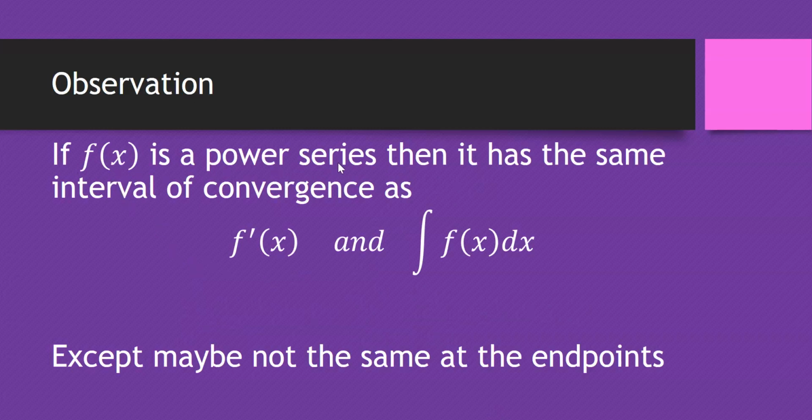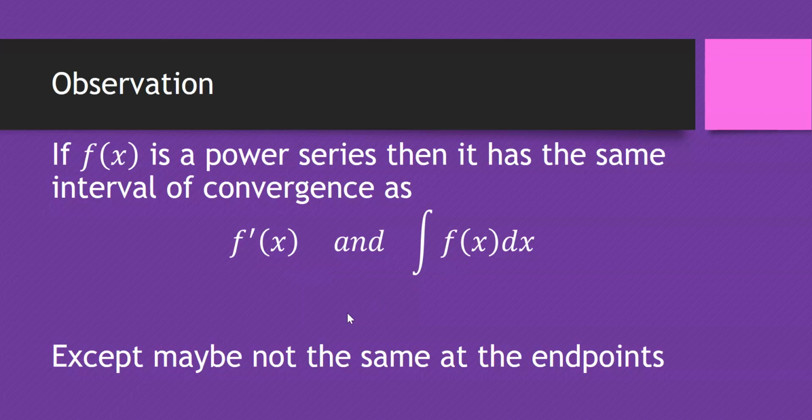If f of x is a power series, then it is going to have the exact same interval of convergence as its derivative and as the antiderivative of the function. So when you integrate the function or when you take a derivative of the function, you are going to get the exact same interval of convergence.